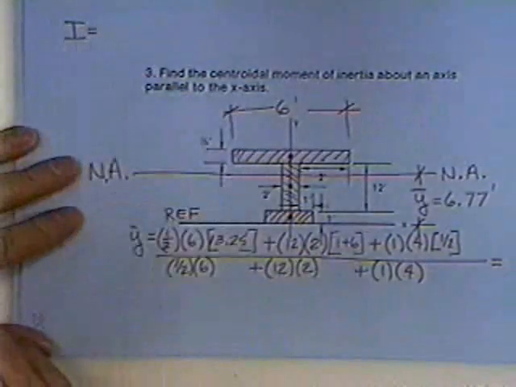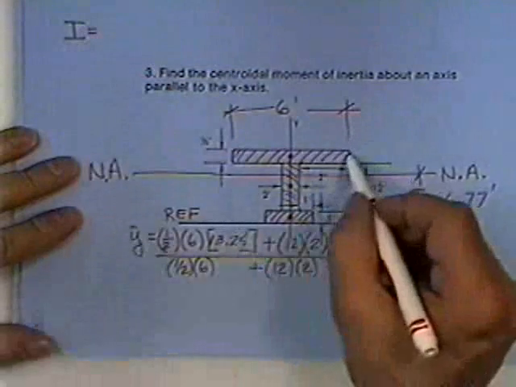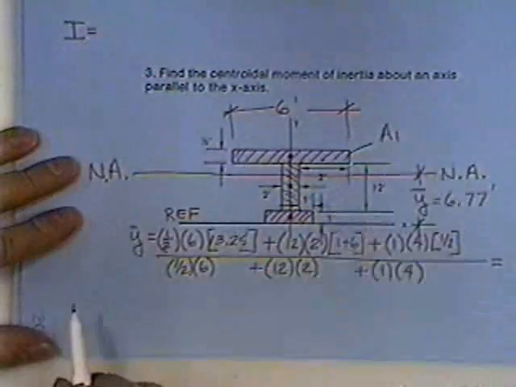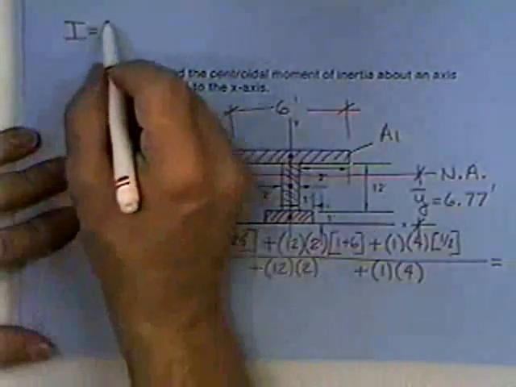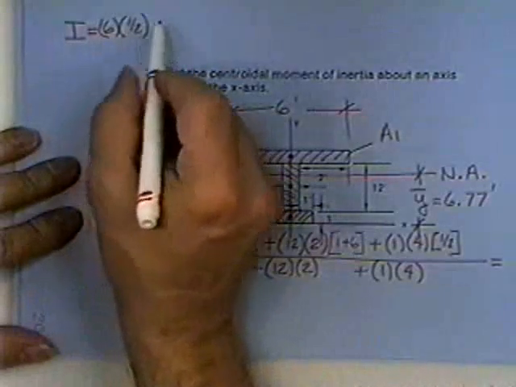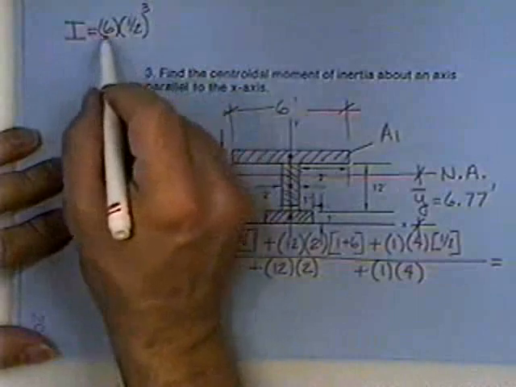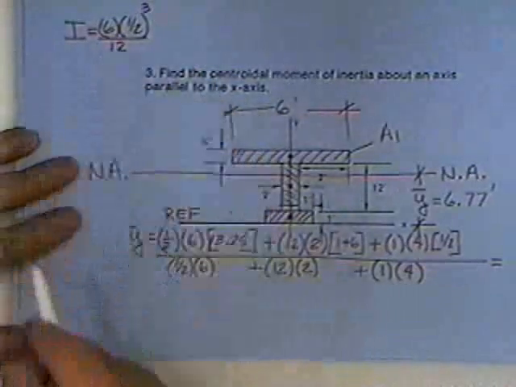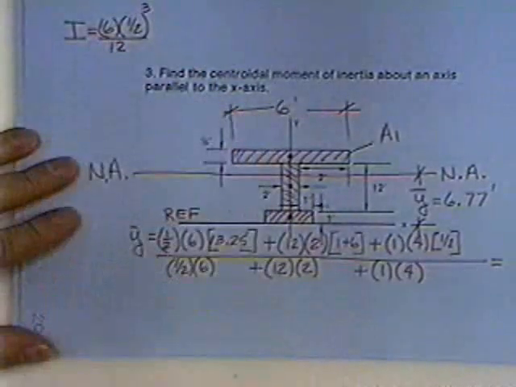So for the area up on the top, let's call that one area 1, we have his base times his height cubed divided by 12. Just because he's there, he gets a 6 times half cubed over 12.